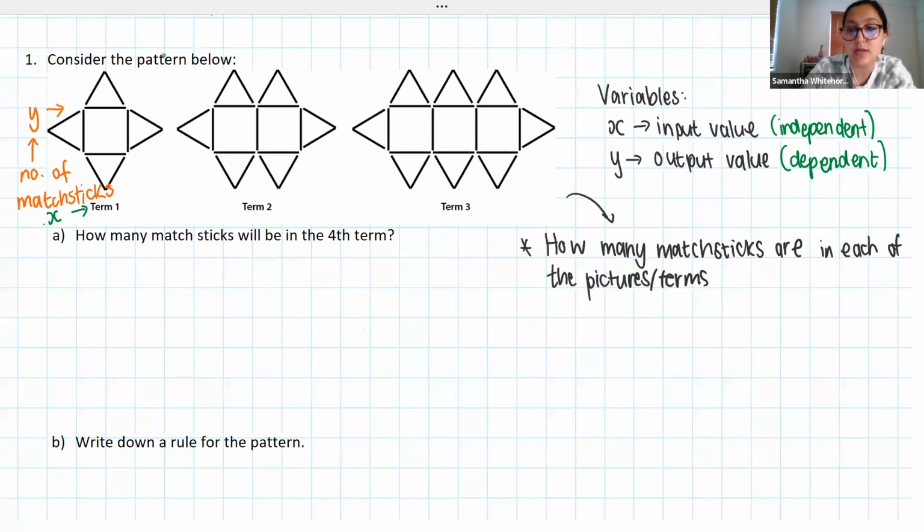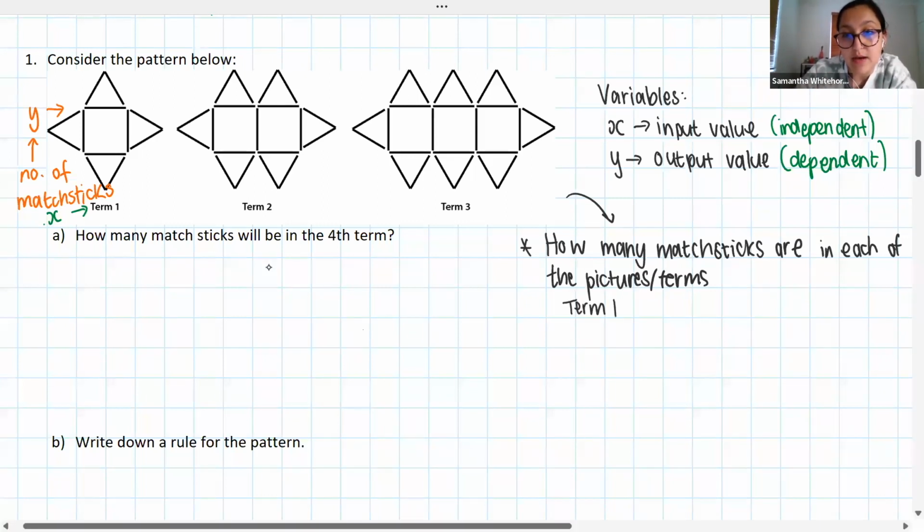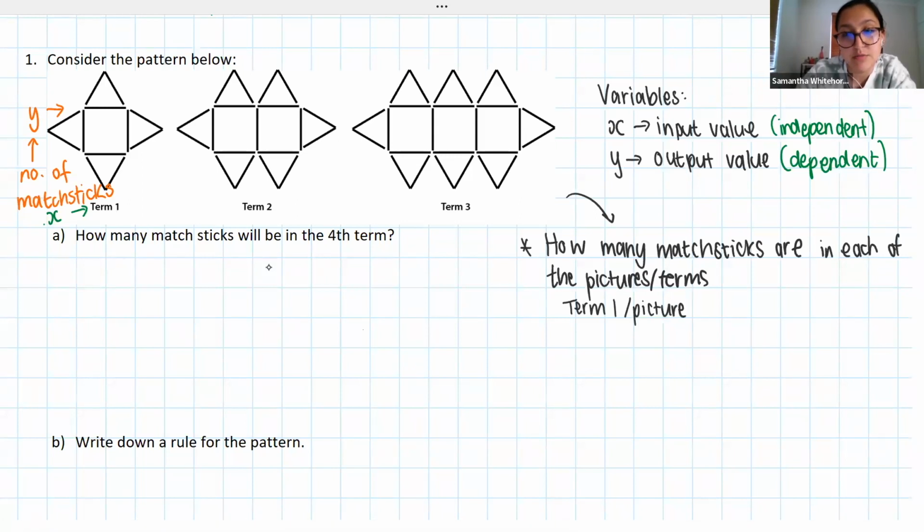In the chat, you can give me how many matchsticks are in each. We've got picture or term 1, I want to know how many are in that one, and picture or term 2.